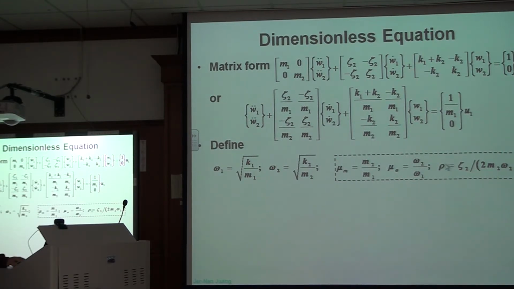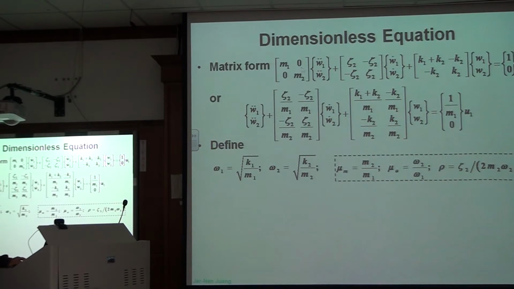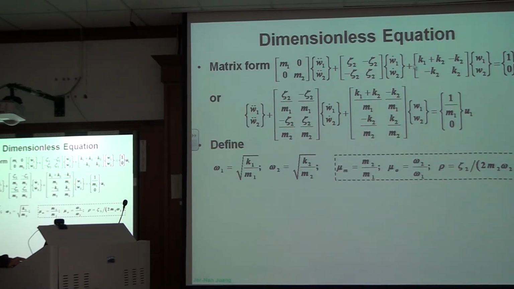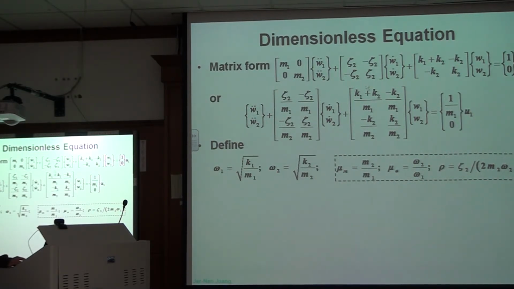In theory, M1 is fixed because that's the system, and K1 is fixed. So in theory we have M2, zeta 2, and K2 as the design parameters, three of them.